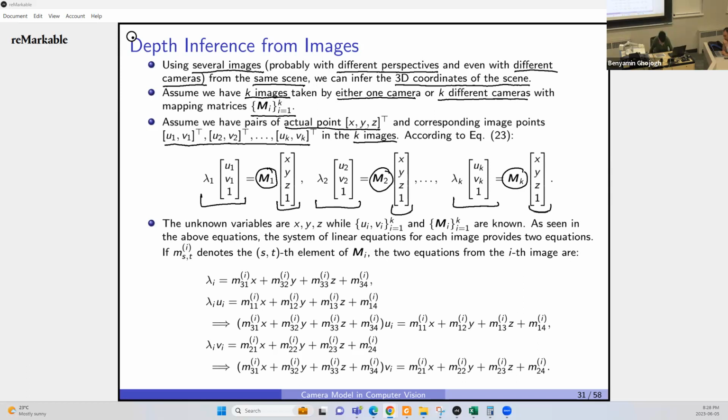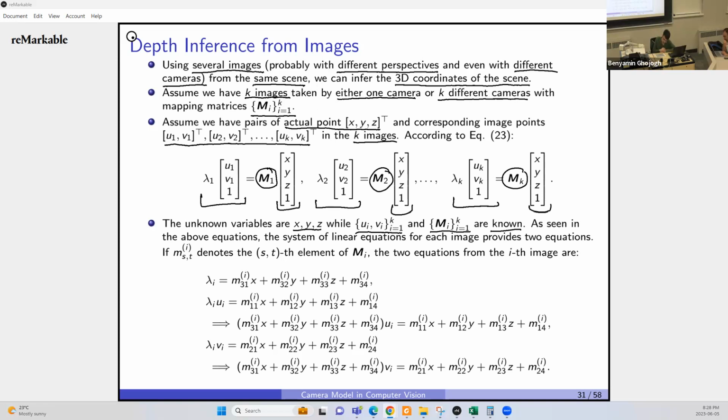The unknown variables are X, Y, Z, while the UI, VI, and MIs are known. We know the M's and the U, V's. The unknown variables are X, Y, and Z, where Z is the depth. In addition to depth, we can find X and Y in the 3D object.